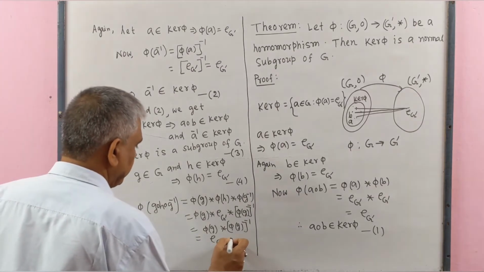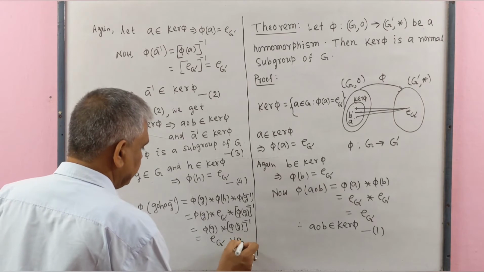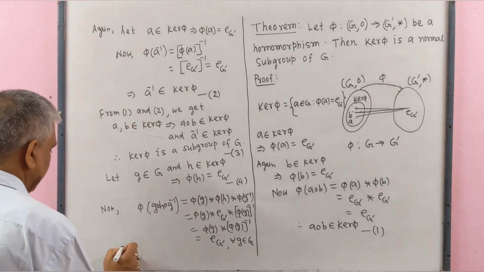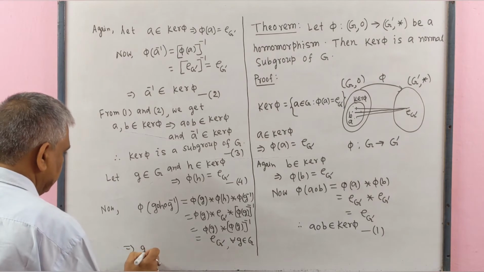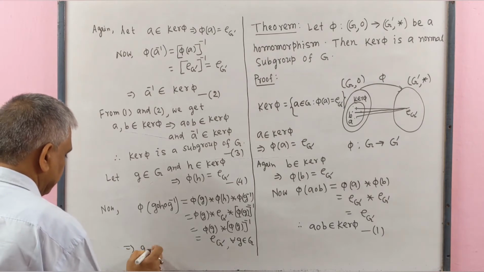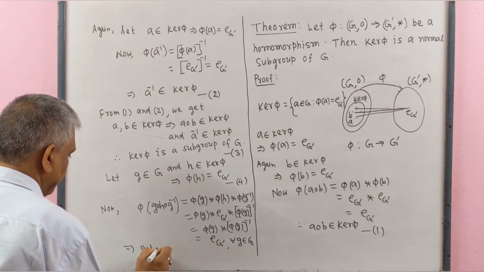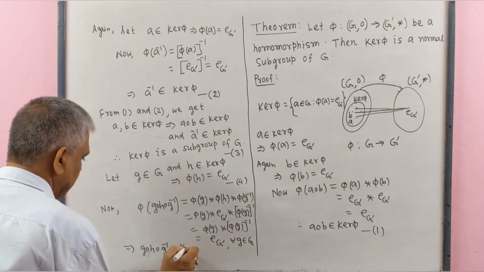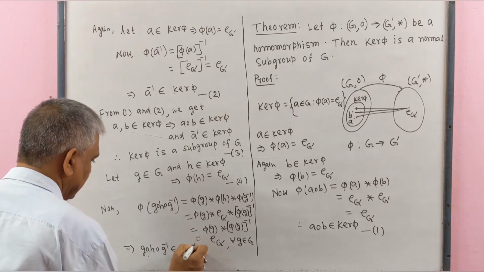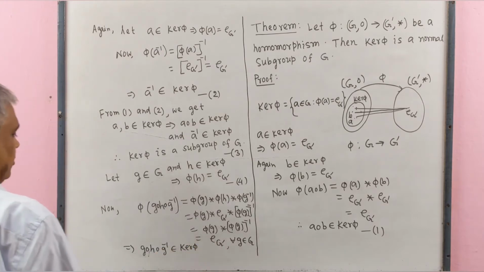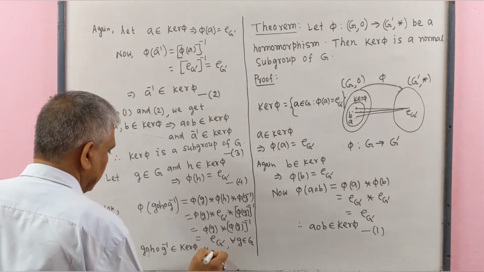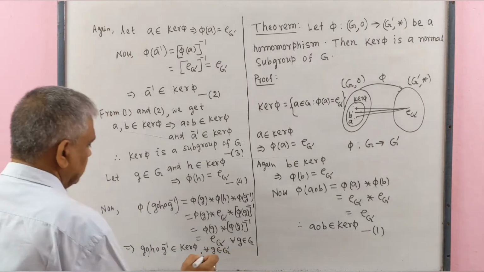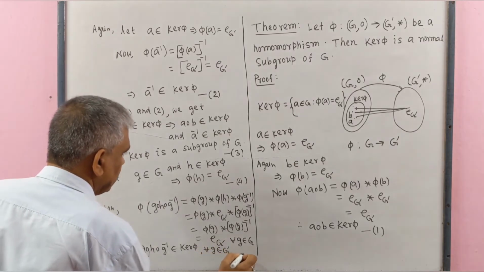This is for all small g belonging to capital G, which implies that g operation h operation g inverse belongs to ker phi for all g belonging to group G. This is number 5.